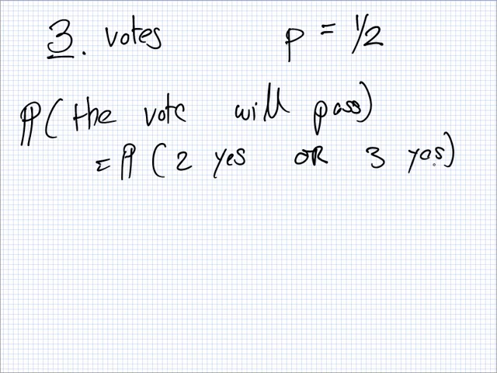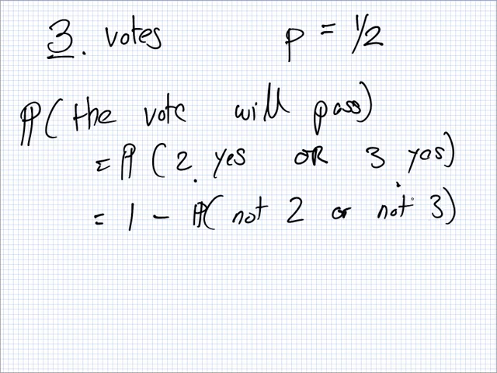So, are people calculating this and calculating this and adding together? Before you do that, there's a quicker way here. This is the same as 1 minus the probability of not 2 or not 3.